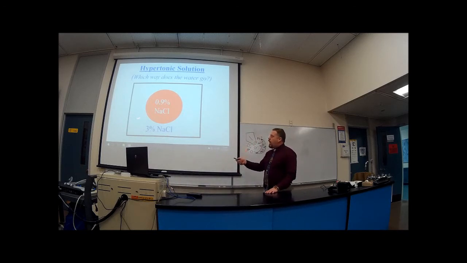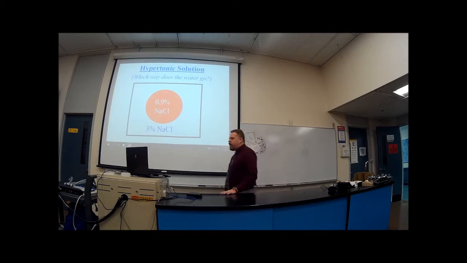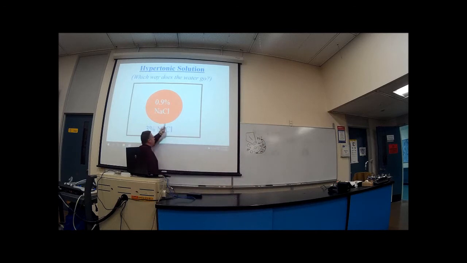But the outside is 3% sodium chloride. For whatever reason, the food you're eating, whatever. Maybe put an IV in the person. So is 3% higher or lower than 0.9%? Higher. So in this case, you're putting this cell into a hypertonic solution.